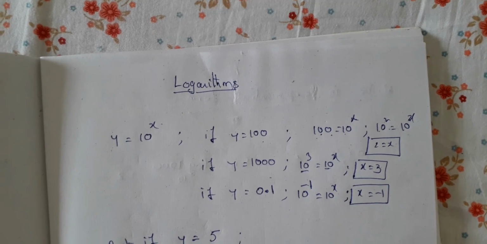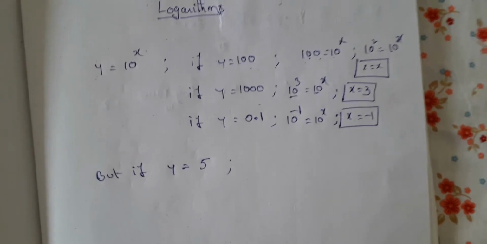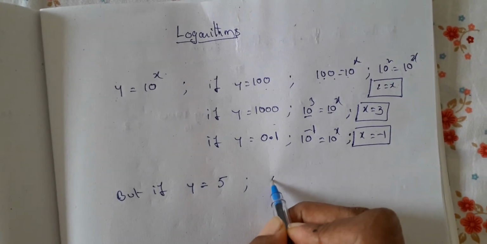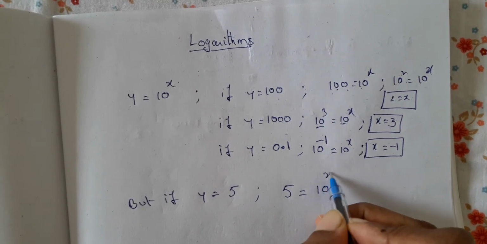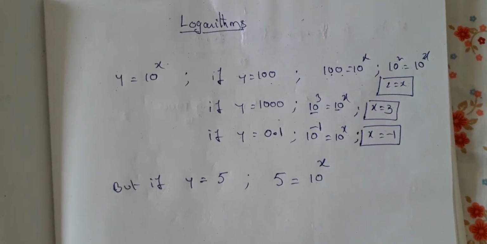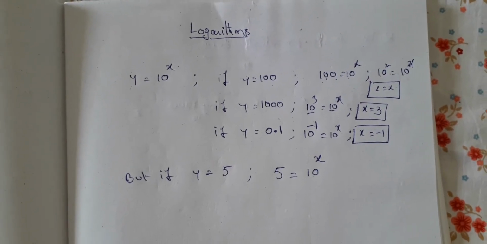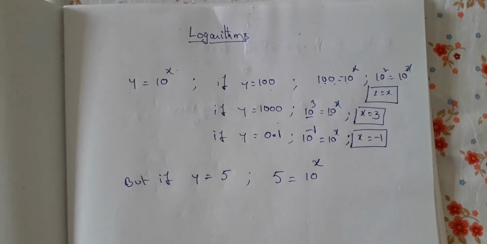Now if y is equal to 5, your equation will take this form: 5 is equal to 10 power x. Now the problem is, to what power do you have to raise 10 in order to get the result 5?